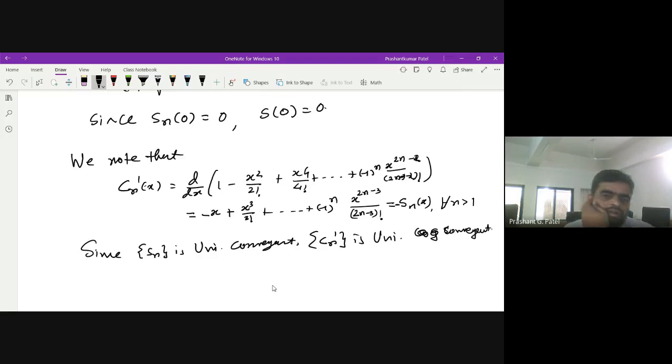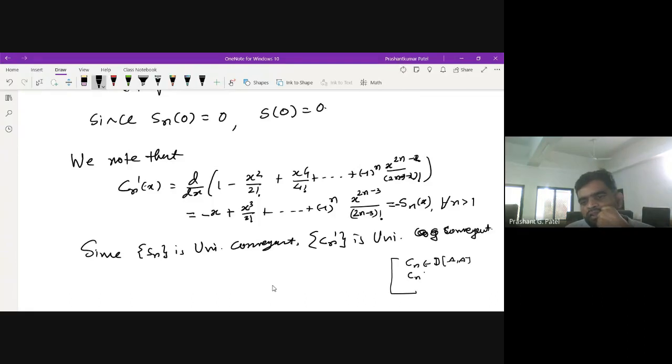So what is term by term differentiation, where the limit function is differentiable? For that, three conditions have to be satisfied. The first one is Cn belongs to D of minus a to a, that is Cn is differentiable, which is already there because it is a sequence of polynomials.